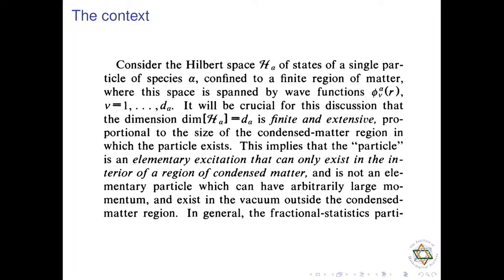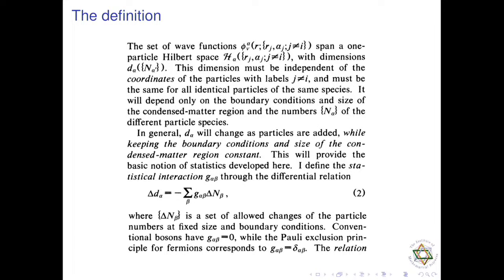Here firstly he is just giving the context, saying that these are for quasi-particles in condensed matter systems, and these are not for fundamental constituents of matter. Then he defines this alpha, the change in the single particle dimension when there is a change in the number of particles you put.